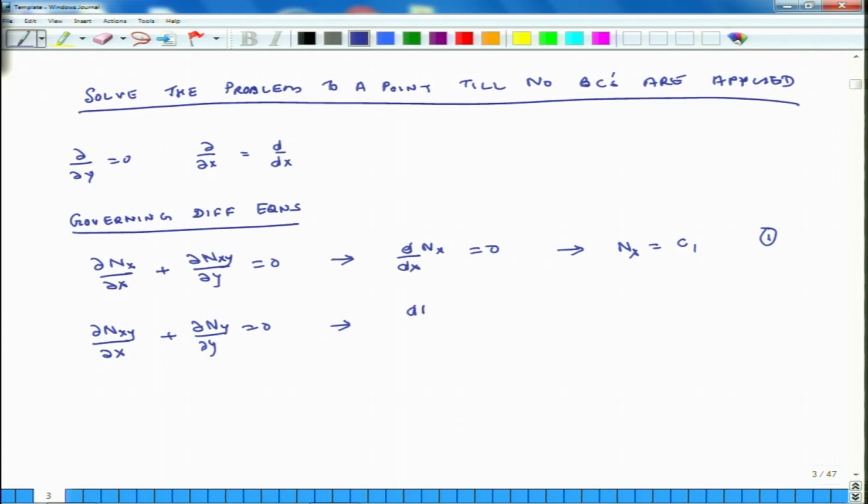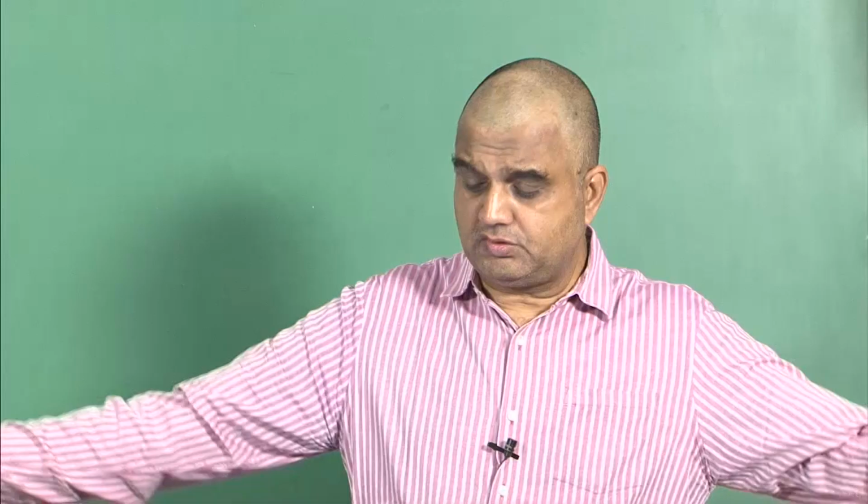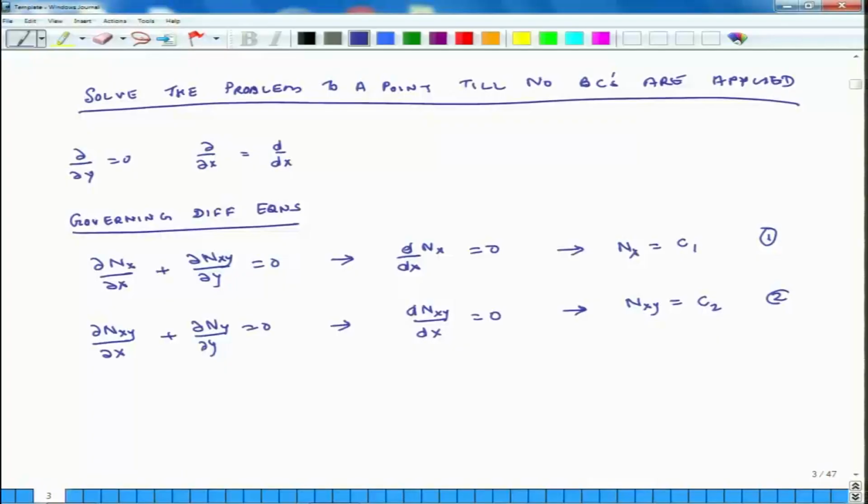So, what we get is d nxy over dx is equal to 0, and that gives us nxy is equal to C2. Again, what this means is that in all the 4 cases, nx will be constant throughout the length and nxy also will be constant throughout the length of the plate.